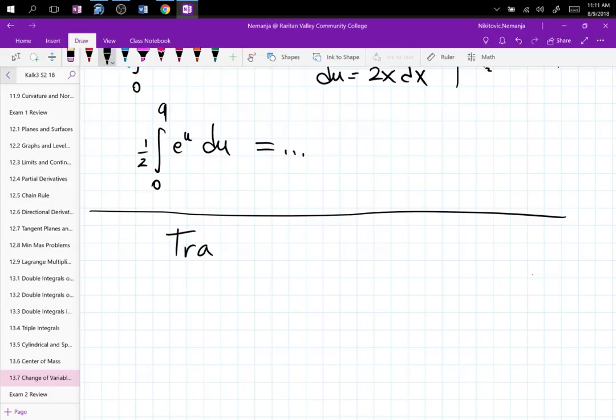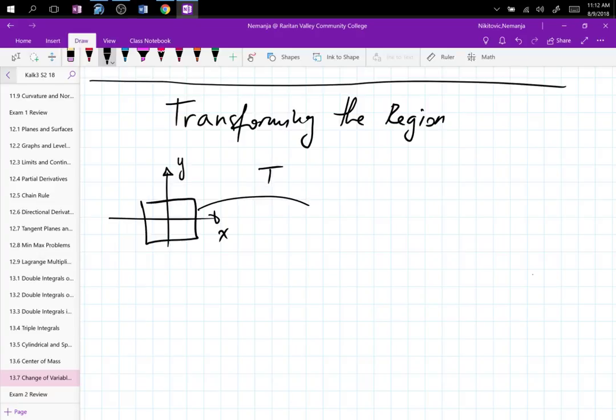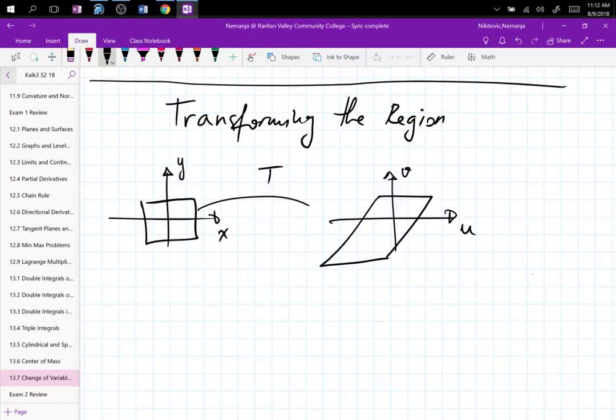So transforming the region is first on our list. In general, we are taking the xy region of some kind and using the transformation function, transforming that into some kind of uv region over which we are going to integrate.